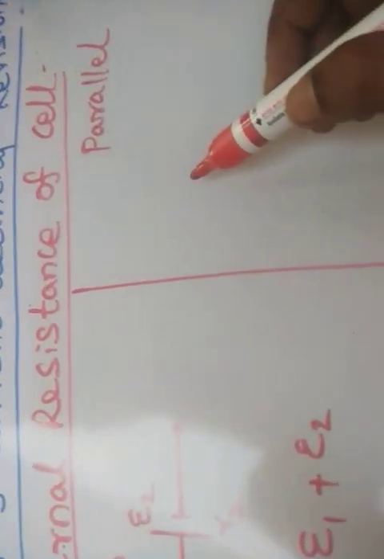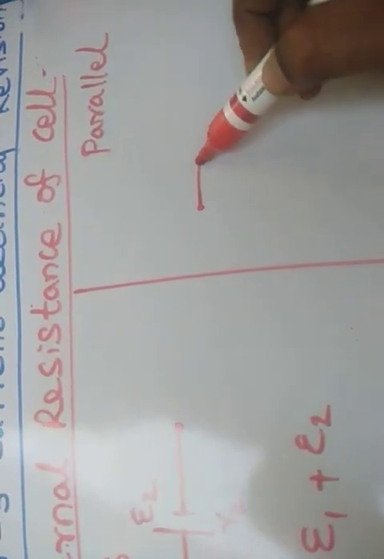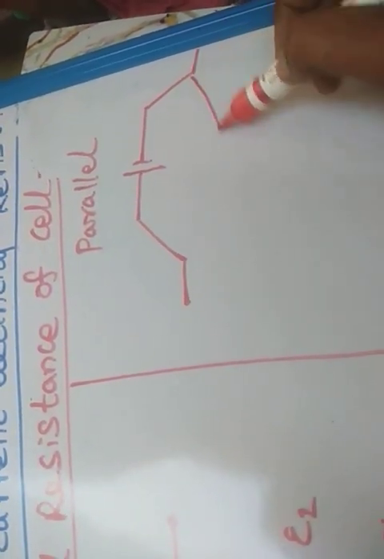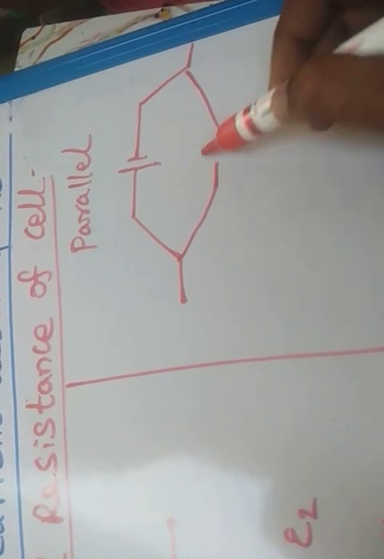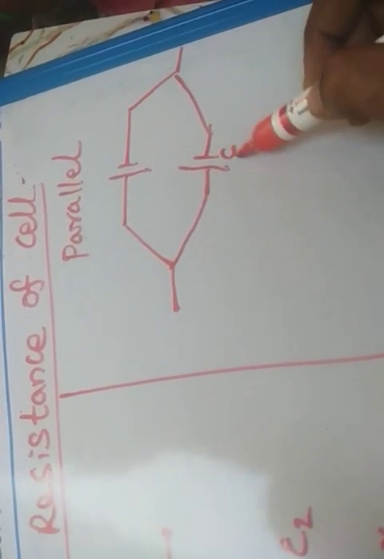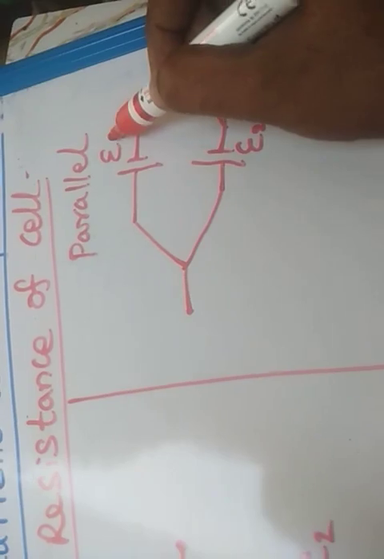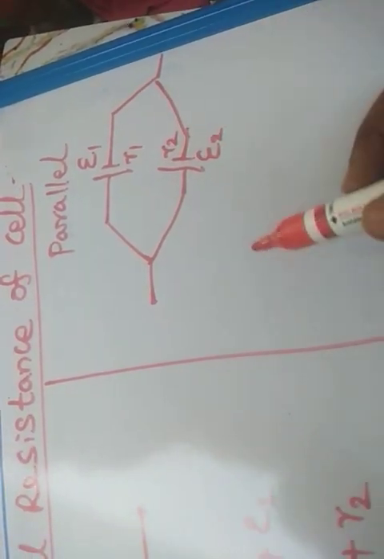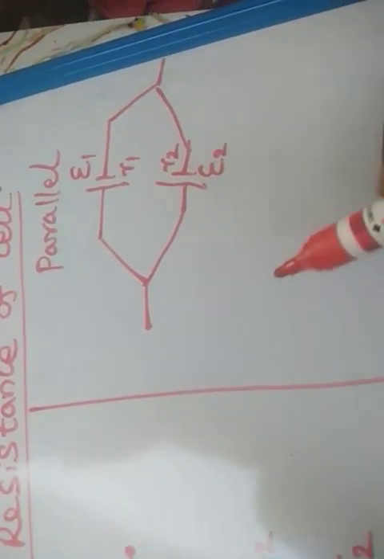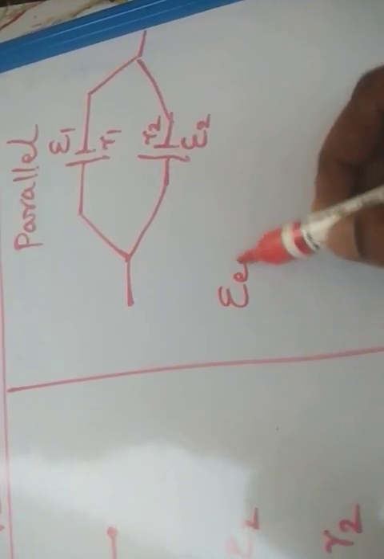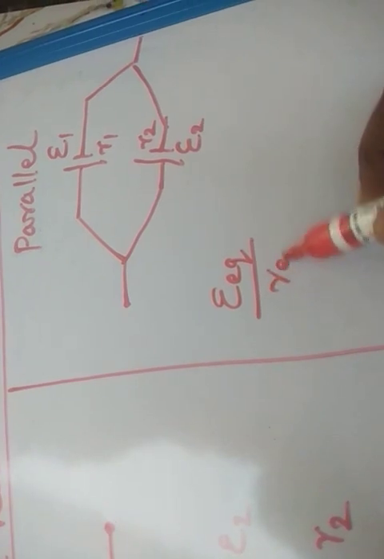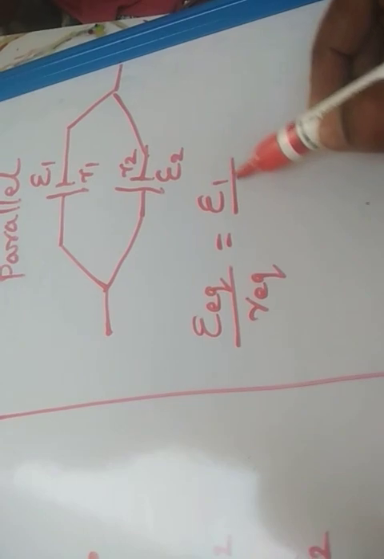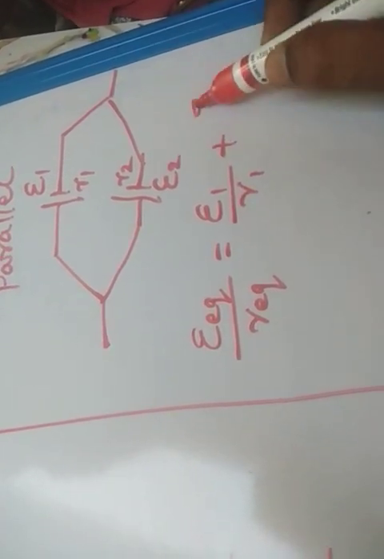For the parallel circuit, this is the first cell and this is the second cell. The second cell EMF is E2, the first cell EMF is E1. The resistance here is r1 and here the resistance is r2. When these two cells are connected in parallel, E equivalent by r equivalent is equal to E1 by r1 plus E2 by r2.